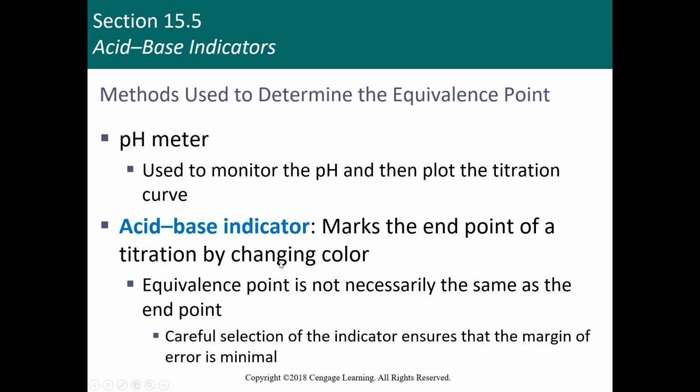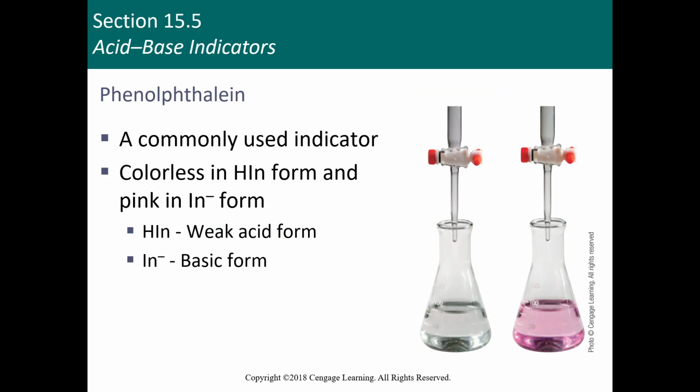So you have to be very careful in your selection of an indicator. You need to select an indicator for which the error between where it changes color and your equivalence point is as small as possible. Ideally you want it to change color right at the equivalence point, or right before it. You do not want it to be significantly different.